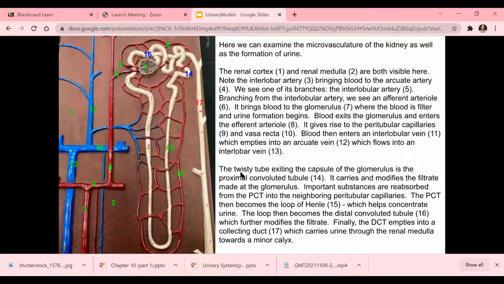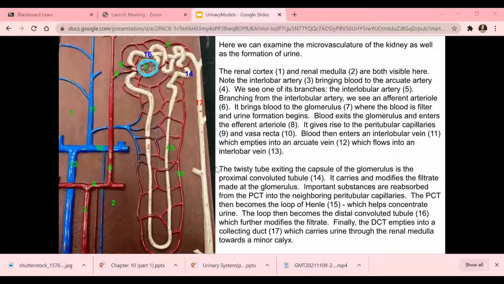I talked about the blood vessels of this model. Now I want to show you the different parts of the nephron. The first part of the nephron in this picture is this part. This part is called renal corpuscle, which is the combination of the Bowman's capsule and the glomerulus inside.